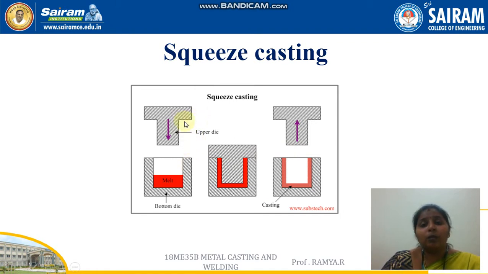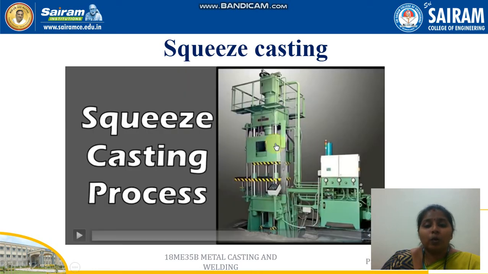The movable one carries the shape of the component to be produced and the fixed die carries the molten metal. When the movable die is pressed against the fixed die, the required shape is obtained, and when the upper die is lifted after solidification, the required component is obtained. So this is squeeze casting.